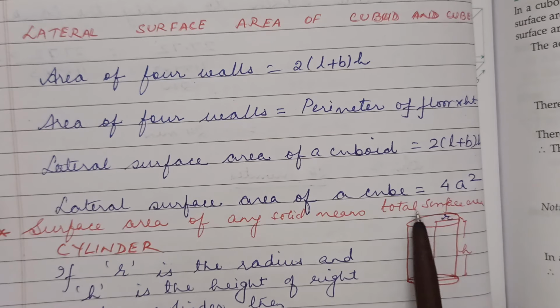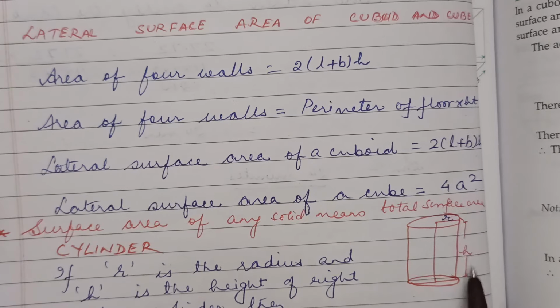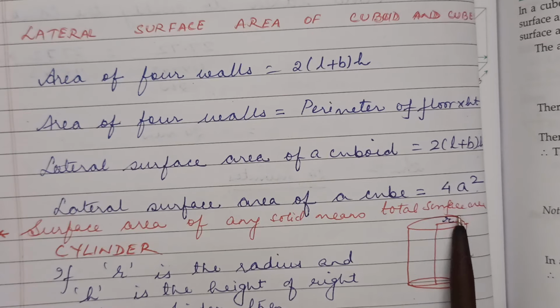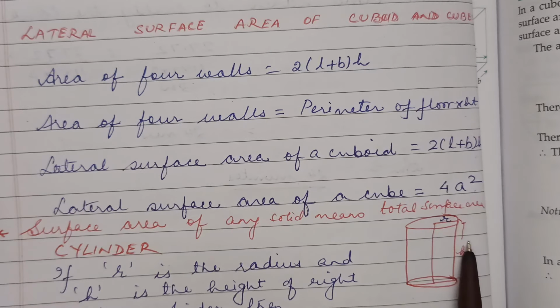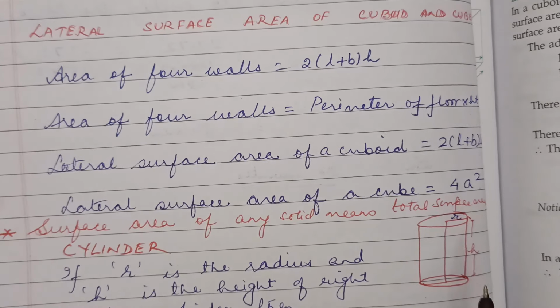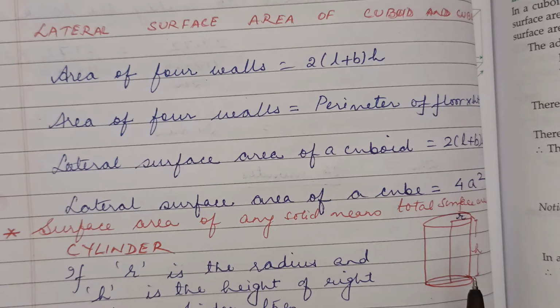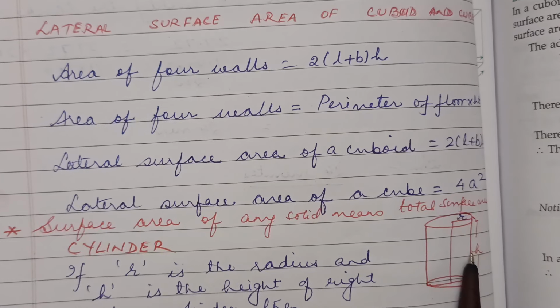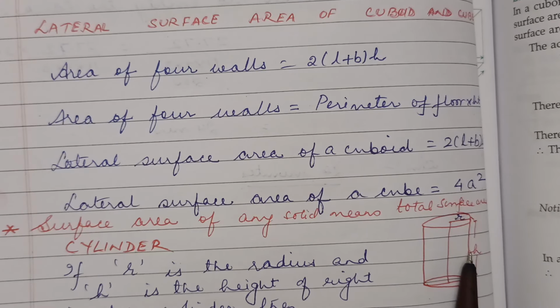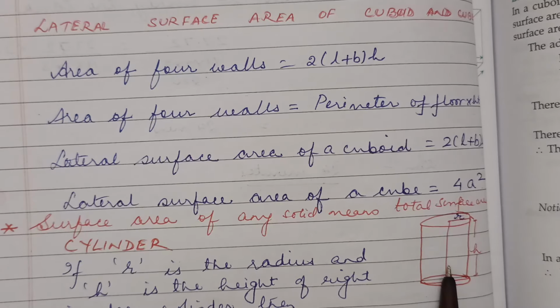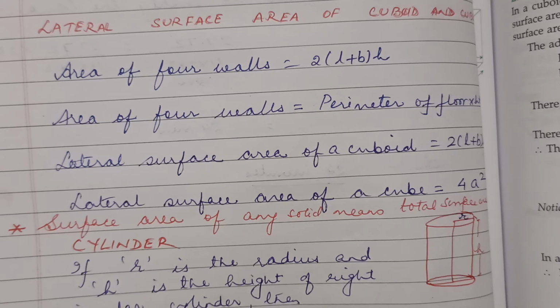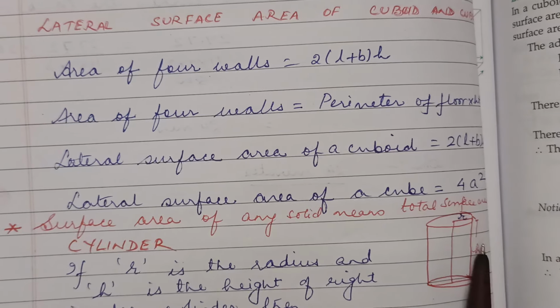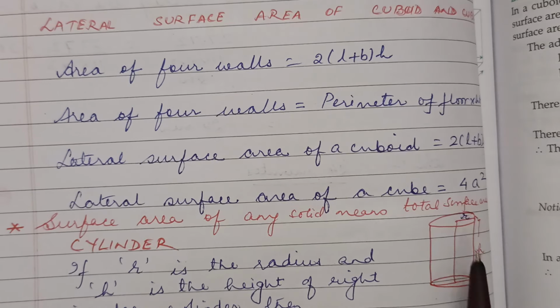Now we come to cylinder. Suppose I have taken a cylinder of radius r and height h. Then the lateral surface area of this cylinder, or we can also call it curved surface area, both are same, is equal to 2 pi r h. Then total surface area is 2 pi r into (r plus h), means curved surface area plus area of the two bases.